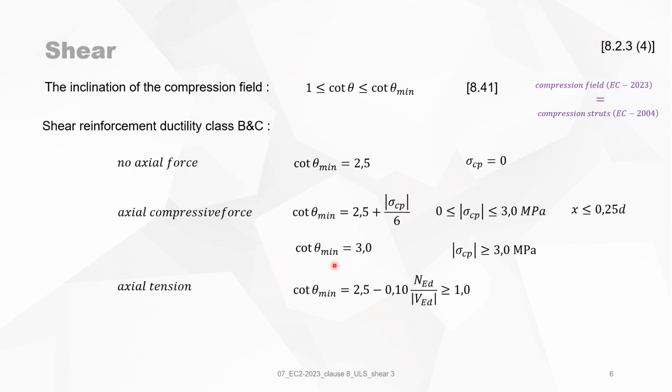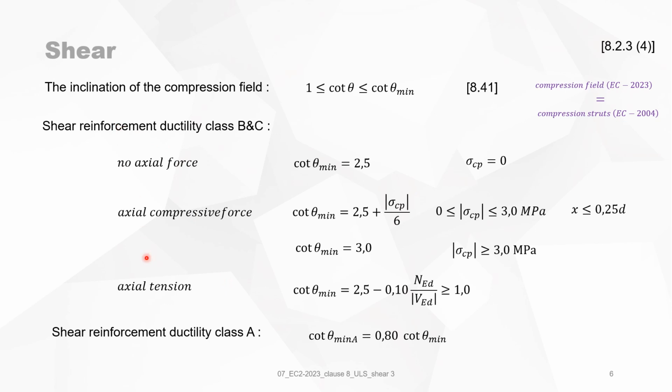And cotangent theta min is equal to 3, not 2.5, when you have a very significant compressive force, bigger than 3 megapascal. For axial tension, you should subtract a certain value from it, but it should always be larger, of course, than 1.